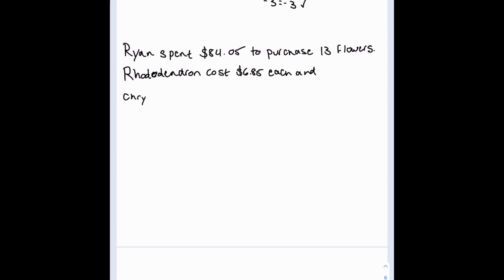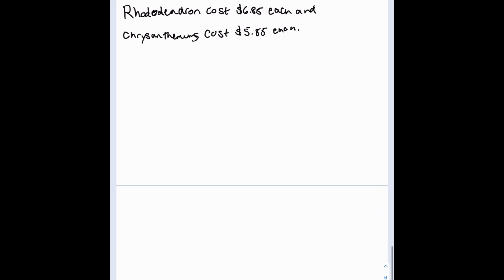Chrysanthemums cost $5.85 each. So, part 1 asks, if R is the rhododendron, so, okay, we can remember R is the rhododendron, and then C is the chrysanthemums.